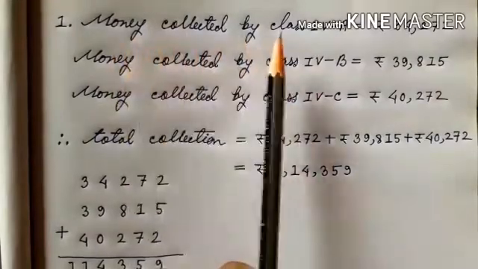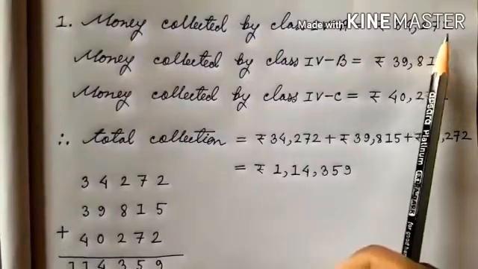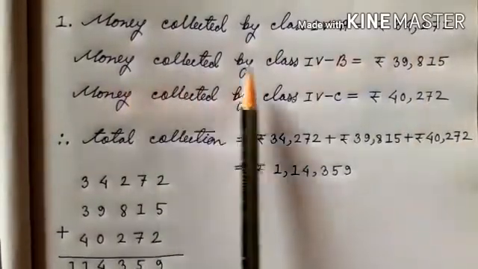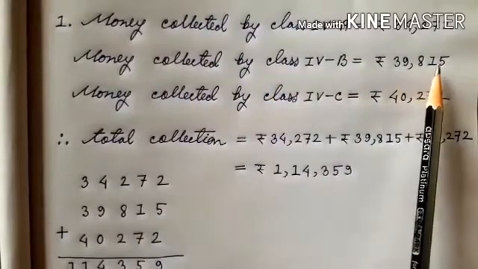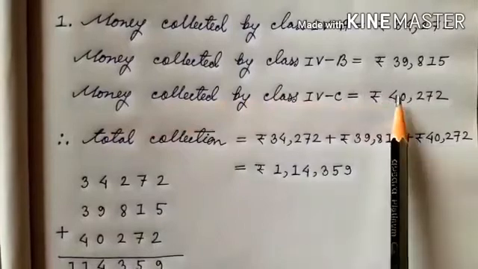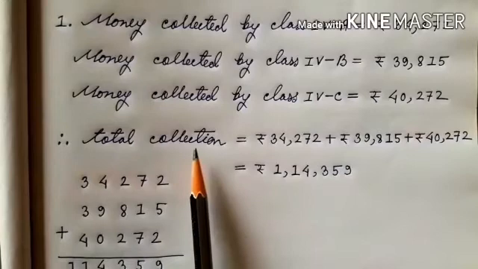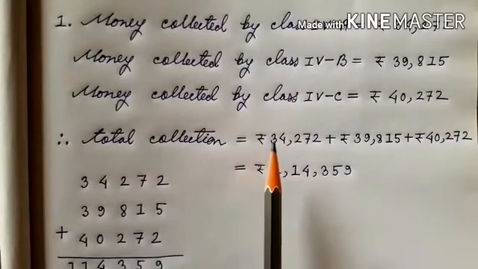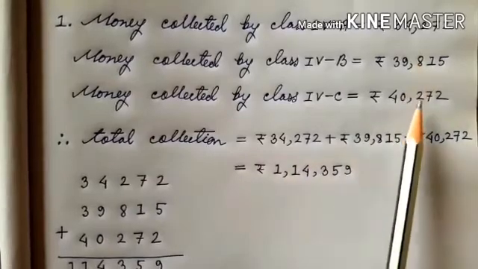Money collected by class 4A equals rupees 34,272. Money collected by class 4B equals rupees 39,815. Money collected by class 4C equals rupees 40,272. Therefore, as we have to find the total collection of money, we add all of these numbers, okay?